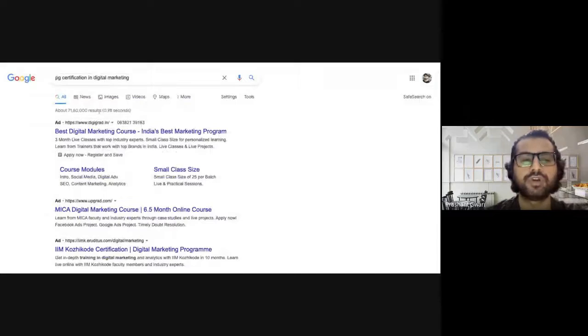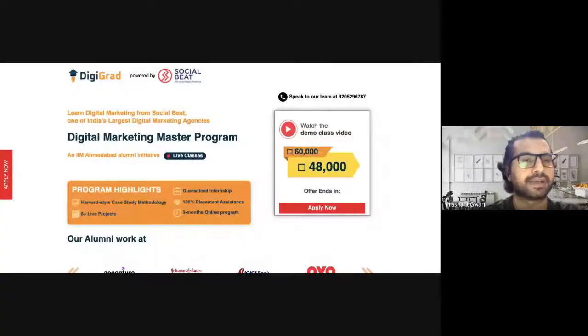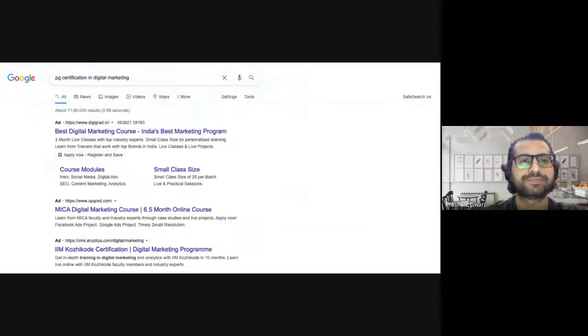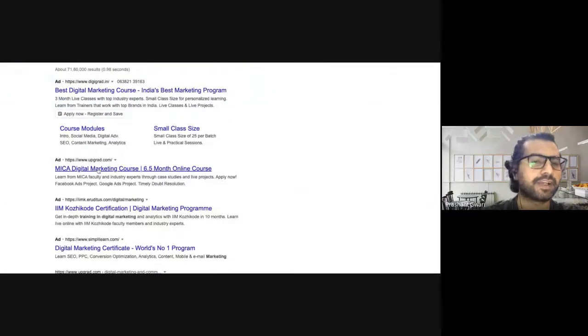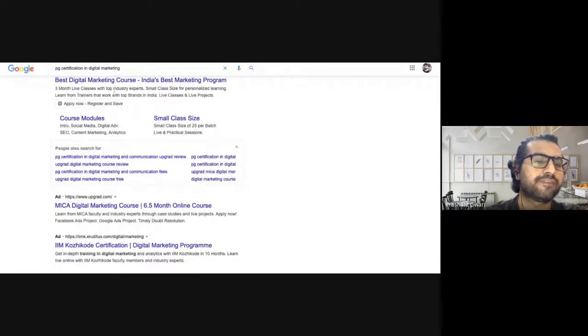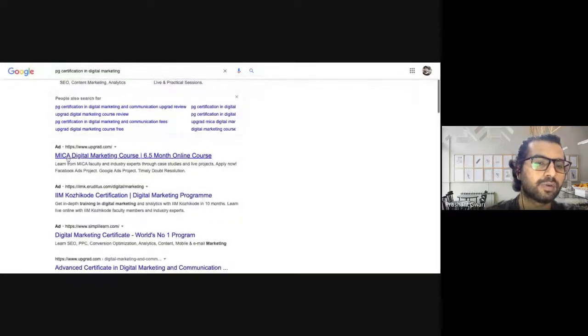I will show you. This is the DigiGrade website. I will click here, and now whether they are bidding 10 rupees, 20 rupees or 100 rupees, the amount is deducted from their account with my click. Again, go back. If I click on the Upgrade website, right now the amount is deducted only from that website.